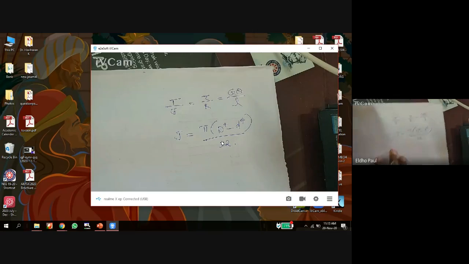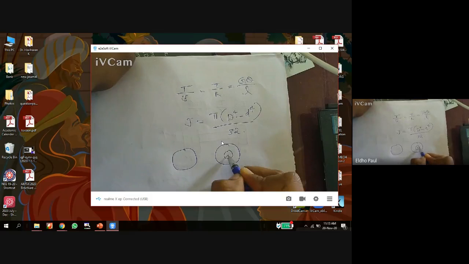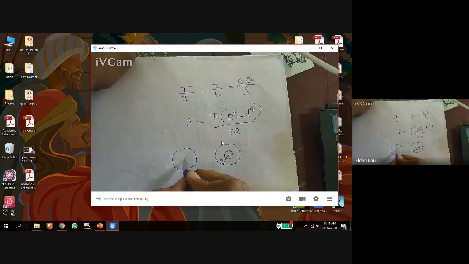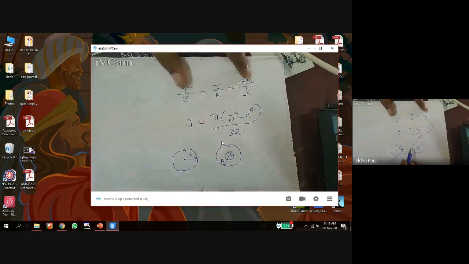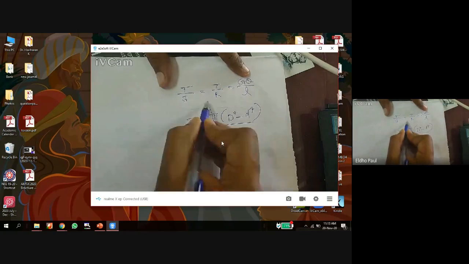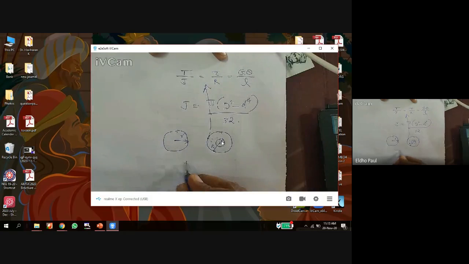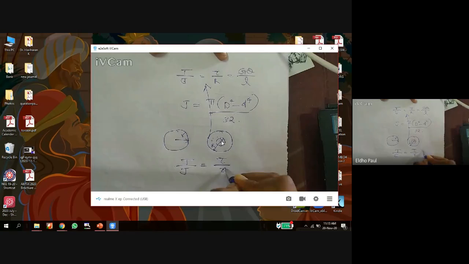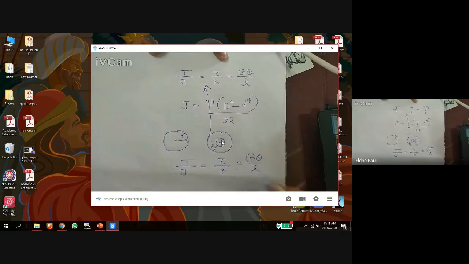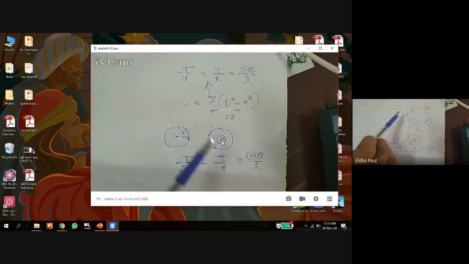So when we compare the solid shaft and the hollow shaft, this is at a small distance r, this is capital R, this is small r. In the case of the hollow shaft, this is the equation. For the case of the solid shaft, this is the equation: T by J equals tau by small r equals G theta by L. Capital R here because this is the R; here we use small r.